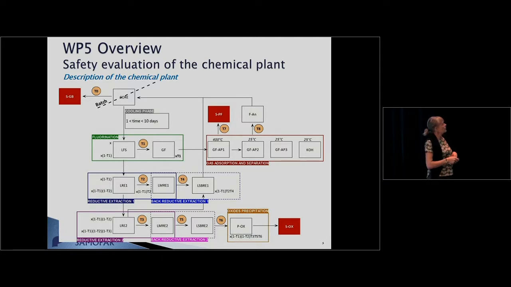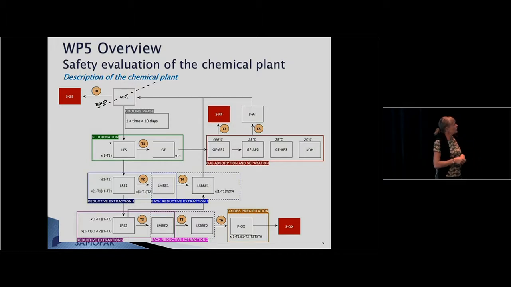The first step is the fluorination step. We produce gaseous species by this step, and these gaseous species will be treated in this box, and we are going to separate fission products and actinides.